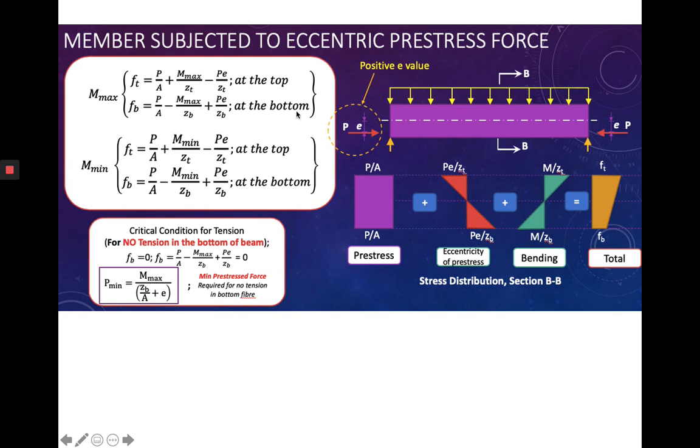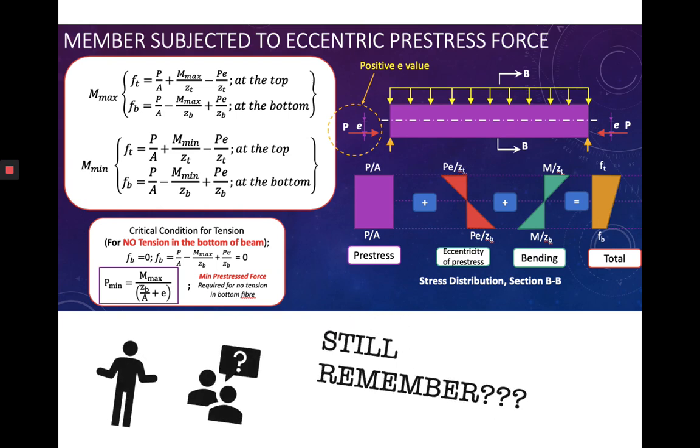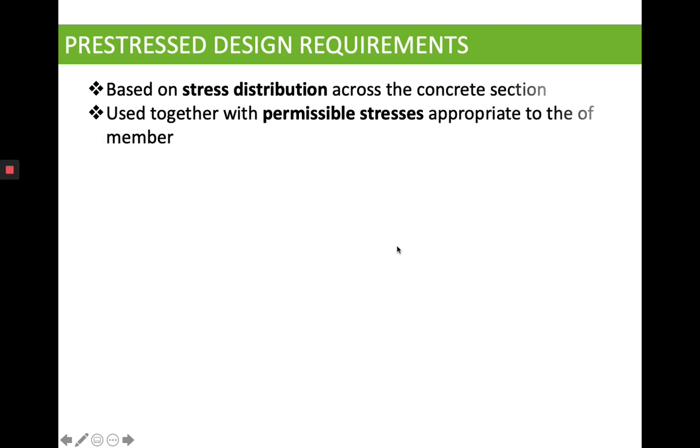I've also explained to you the stress distribution, and we have already done an online exercise which we discussed previously. So if you need, you can recap on what we have learned previously. Next we move on to the pre-stress design requirements.